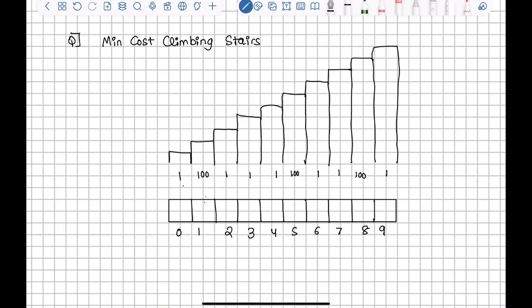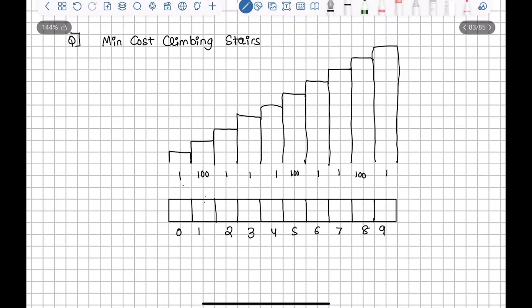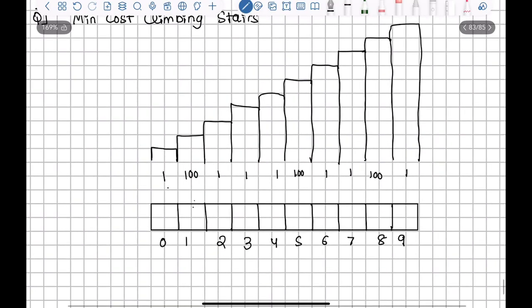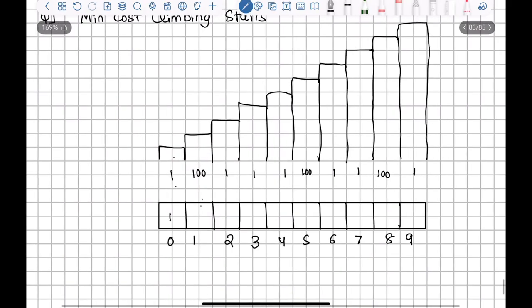Anyways, so here what we're gonna be doing is that we can start from this or we can start from this, right? We can start from any of these two. So we're going to be filling the DP table with the values of these places only.